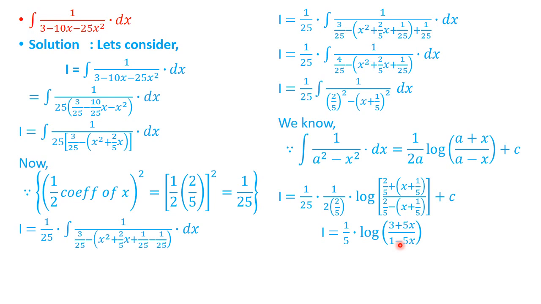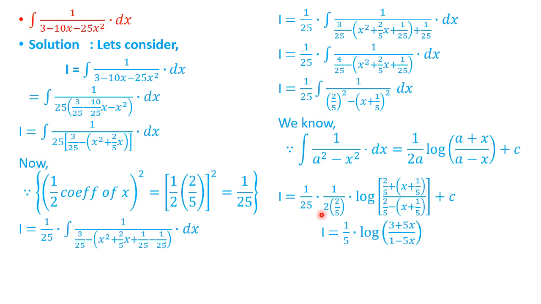Minus 5x, and 5 gets cancelled, hence we have the result here, 5 fives are 25, and here 1 by 5 into log of 3 plus 5x upon 1 minus 5x.